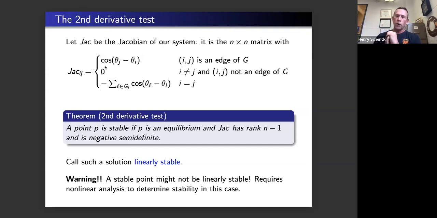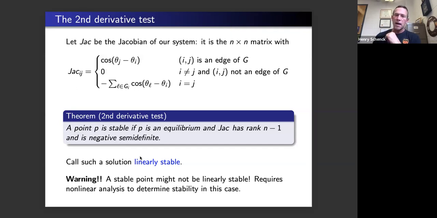And so we're going to say that a point is linearly stable if we have, so the Jacobian is going to turn out to be a symmetric matrix, and it will always have one 0 eigenvalue. If all the other eigenvalues are negative, that's going to be called a linearly stable point. And that's exactly the analog of being a min of your function in Calc 3.